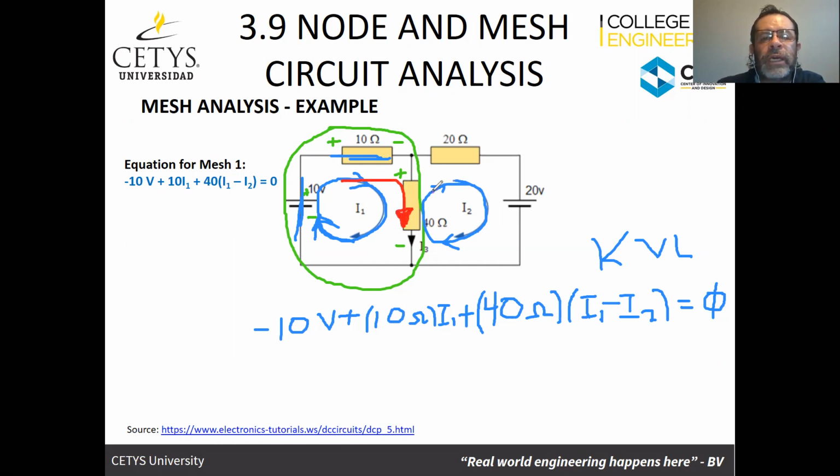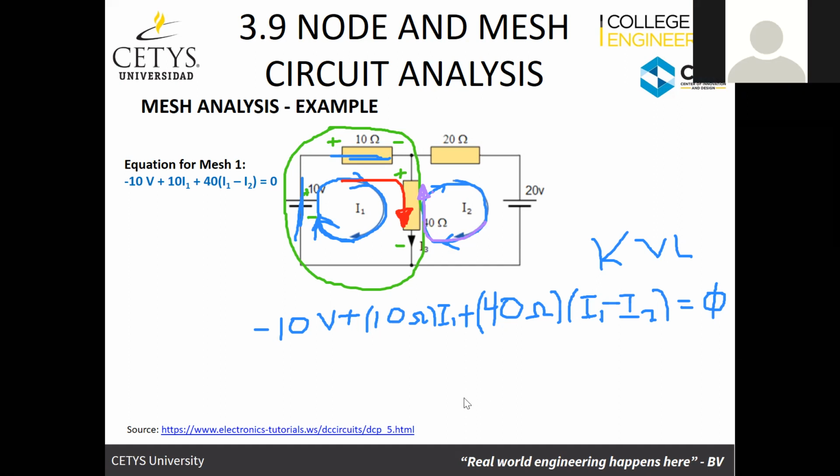And I2 is going like this. You see that they're going against each other? Since they're going against each other, they're going to be subtracted. Now, what's the reference for that subtraction? It's going to be I1 minus I2, because right now I'm located in mesh one. The analysis is with regards to mesh one. Is that clear, JC?